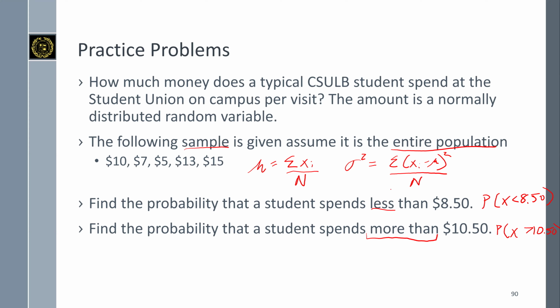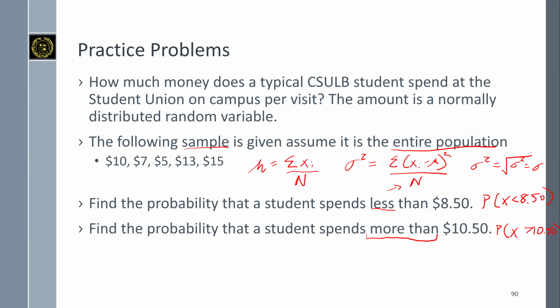The biggest difference here is it is a capital N and you're not subtracting 1 from it. And then if we want to get our population standard deviation, you just take the square root and you'll be given your population standard deviation.